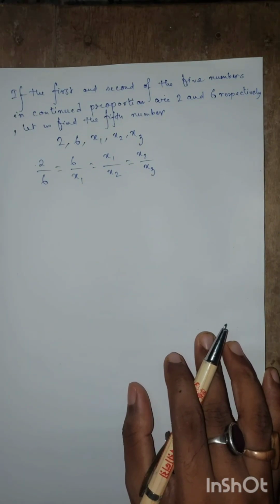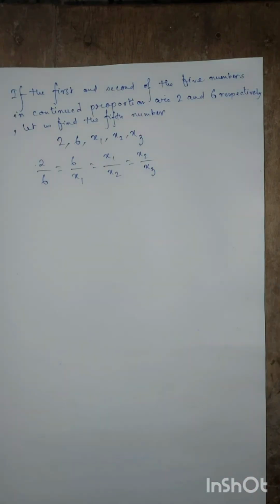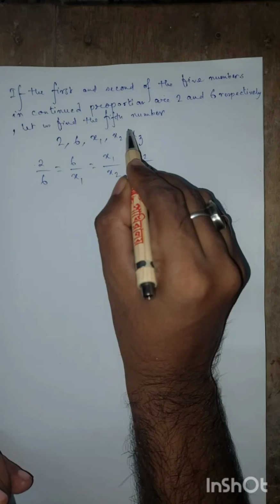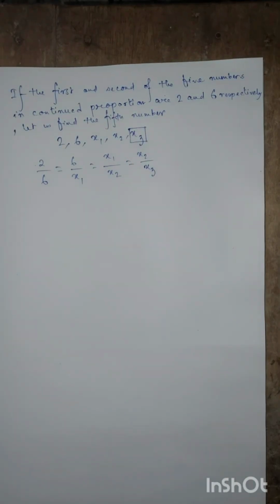So we need to find the fifth number. So our fifth number is x3. This is our fifth number. We need to find out this.